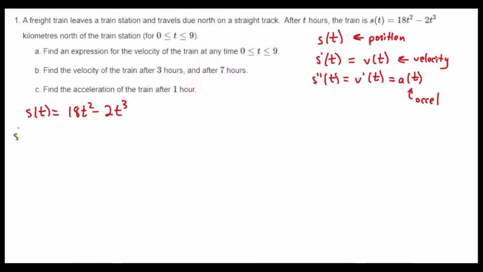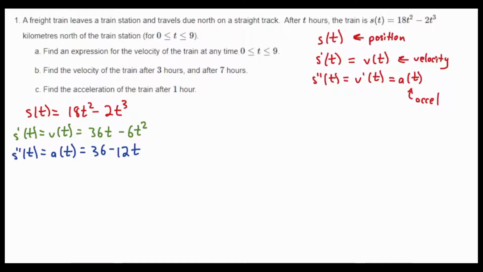Our first derivative, s prime of t, is my velocity, which is going to be 36t minus 6t squared. And my second derivative, which is going to be acceleration, is going to be 36 minus 12t.